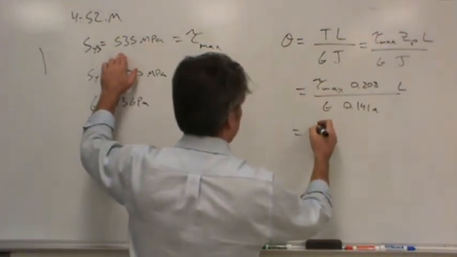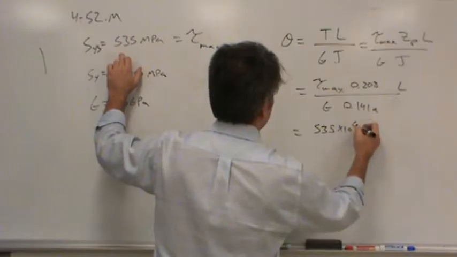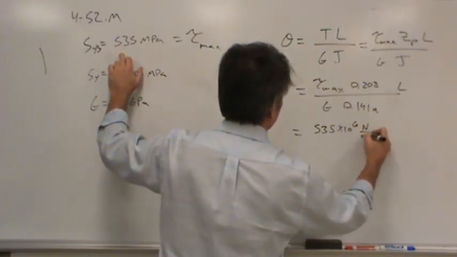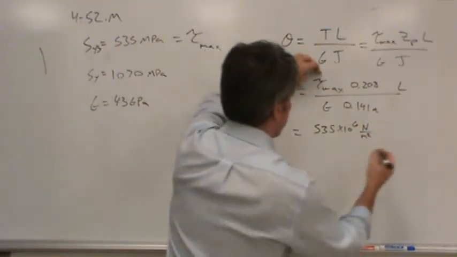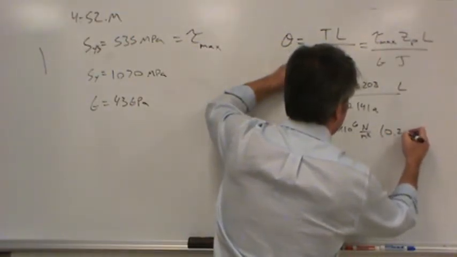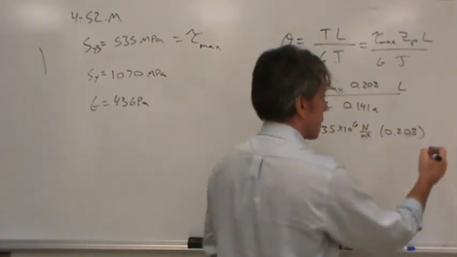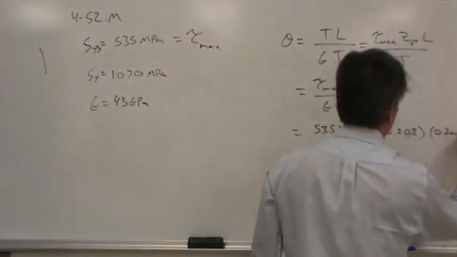Maximum shear, 535 times 10 to the 6th pascals, which is newtons per meter squared. Times 0.208, because it's not a round cross section. L, the length of it was 200 millimeters, so 0.2 meters.